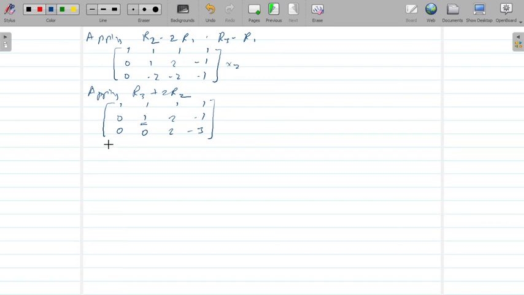So you can apply which transformation? R1 minus R2. So we will get 1, 1 minus 0, 1, 1 minus 1, 0, 1 minus 2 is minus 1, and then 1 plus 2, then 0, 1, 2, minus 1, 0, 0, 2, minus 3.